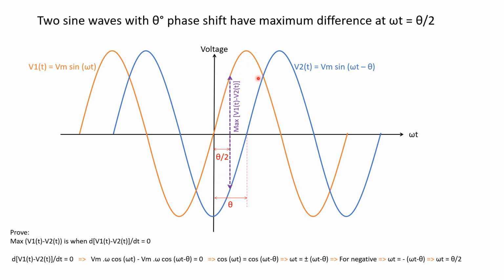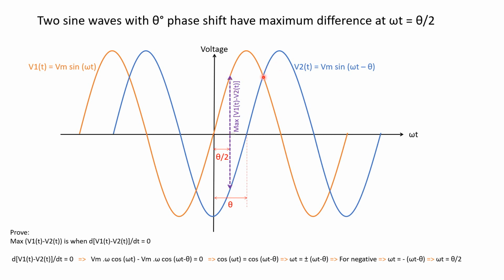If we subtract Vm sine omega t minus Vm sine omega t minus theta, which is the blue one, at theta divided by 2, we're reaching the maximum difference.